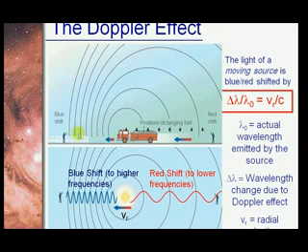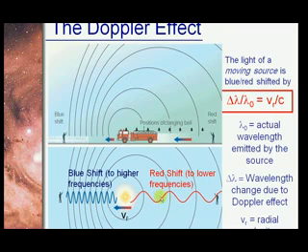When a star is coming towards you, the frequency of the star becomes higher, and when it's going away from you, the frequency becomes lower. So when it's coming towards you, there is a blue shift. All the spectrum shifts towards the blue region, and when the star is going away from you, the lines are shifted towards the red.